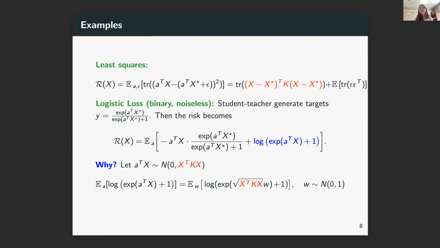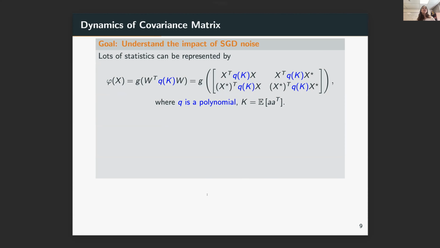And then this function is clearly written as just a function, a polynomial, of this W matrix. Is this clear? A little bit surprising, maybe, but it does work. So as I mentioned, lots of these statistics can be written in this form.